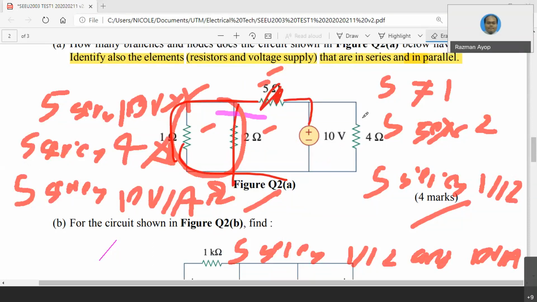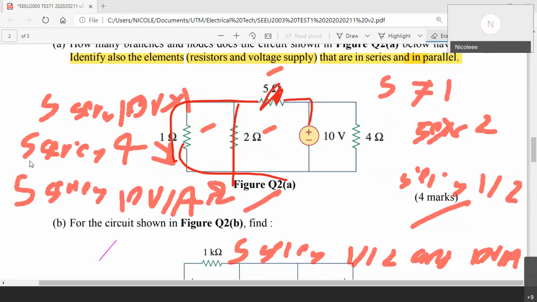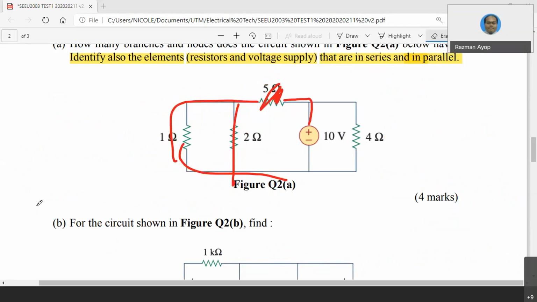Because the concept of parallel needs to start and end at the same node. Can you delete this? I think I don't have a delete button. How to delete? It cannot be cleared.